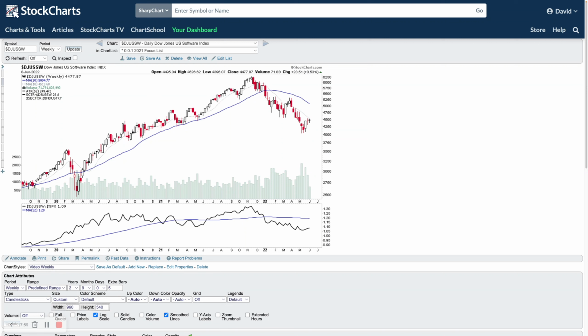So don't take anything for granted. Just because we're starting to form a little bit of a change of behavior and we're starting to see some bases form, it doesn't mean we're necessarily going to break back out into stage 2 again, especially with the software group, where a vast majority of stocks in the group have had really, really serious declines. There's been 70 to 80% declines in the vast amount of stocks in the group.